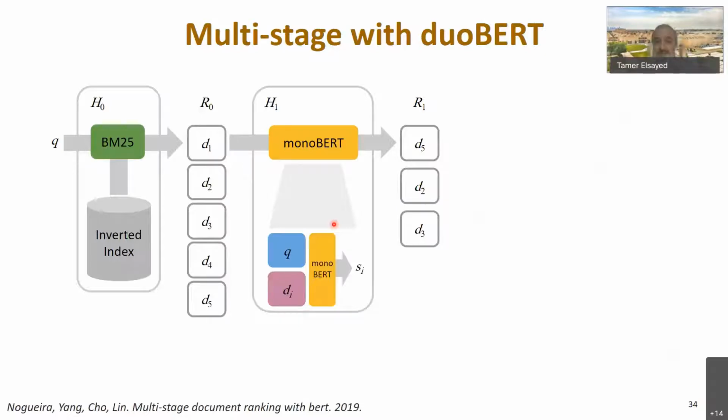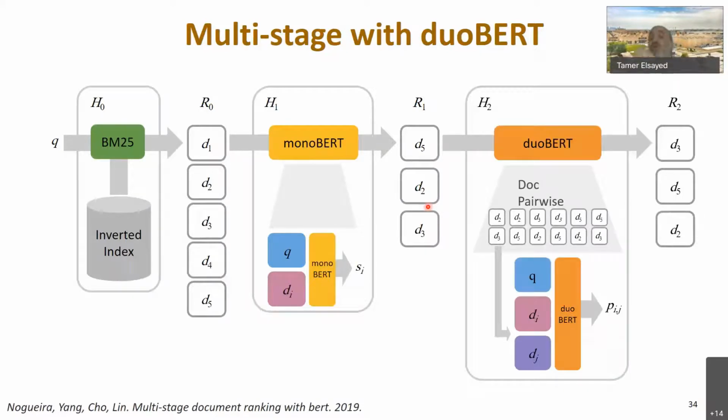As usual, the first stage will be BM25. Actually, this can be seen also as multi-stage, right? We have BM25 to give us an initial list of documents. Then we use monoBERT to re-rank them. After we re-rank the documents using monoBERT, we will use duoBERT to do a second re-ranking. But the second re-ranking will be on a shorter list than the list that monoBERT worked on.